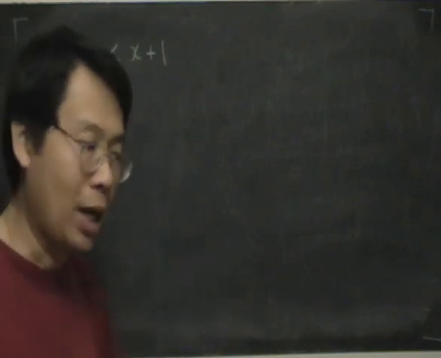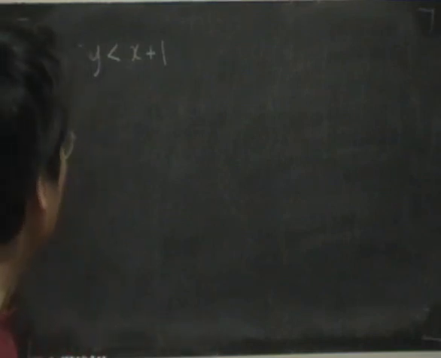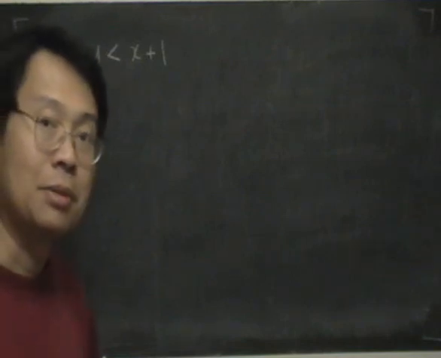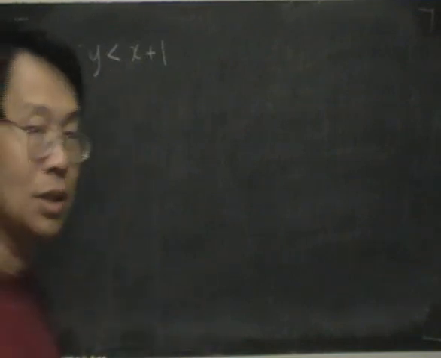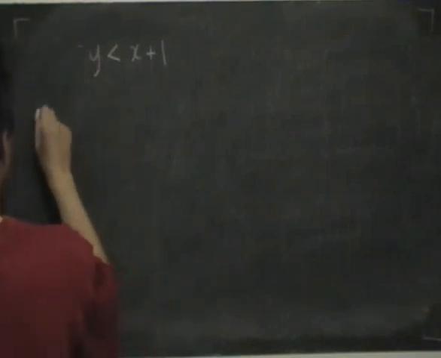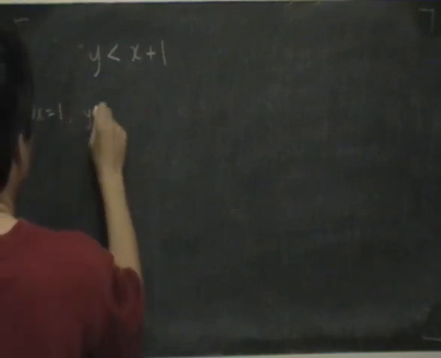Just to get a quick idea as to what this means, let's make up some numbers and put them into the inequality and see what happens. Okay, let me try x equals 1 and y equals 2.